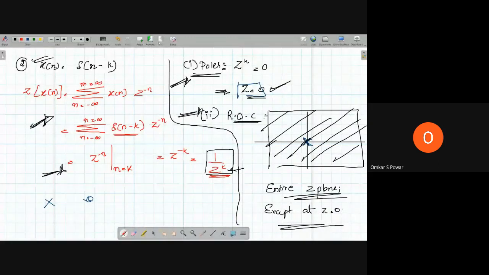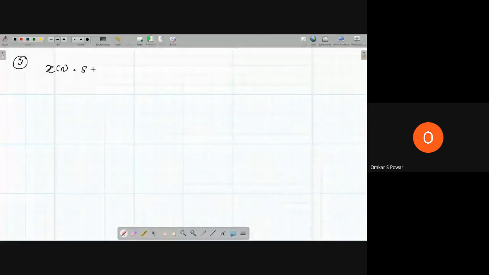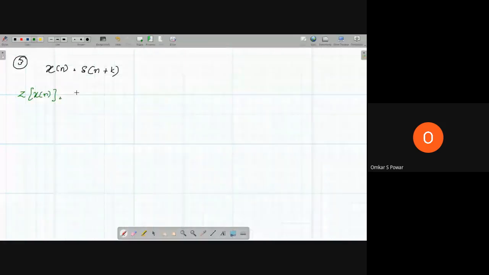So let me wrap it up with the last problem for today. Just the difference is here, x of n is equal to delta of n plus k. So let us solve step by step. Z transform of x of n is equal to summation n varies from minus infinity to infinity x of n z power minus n.